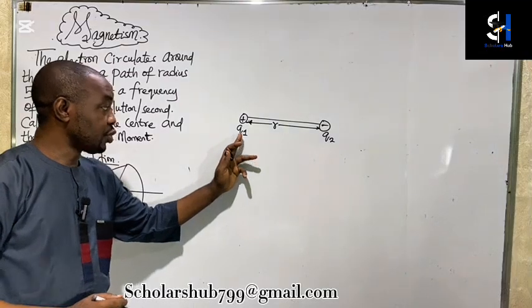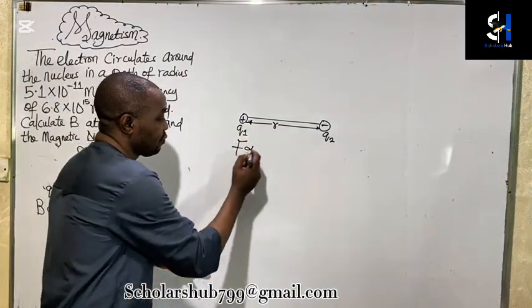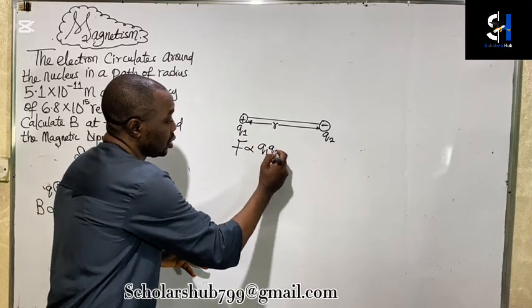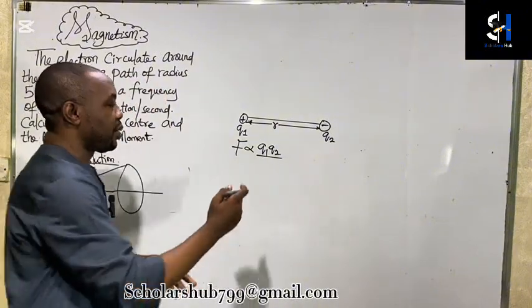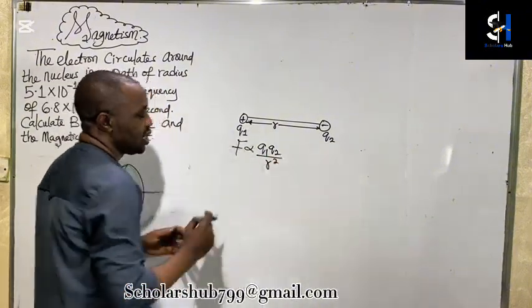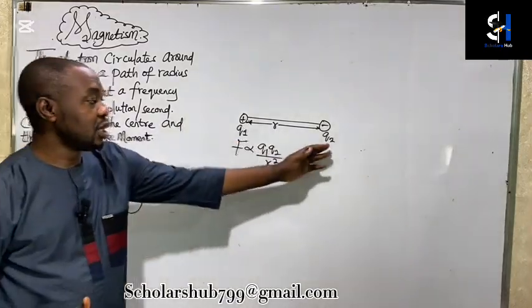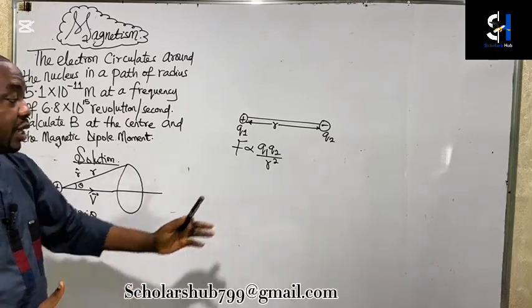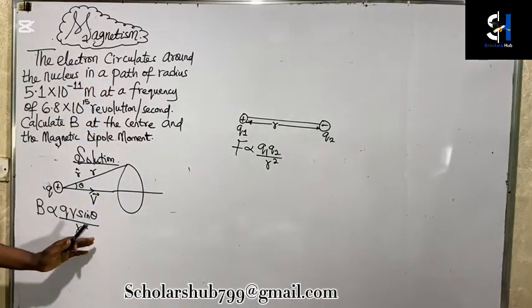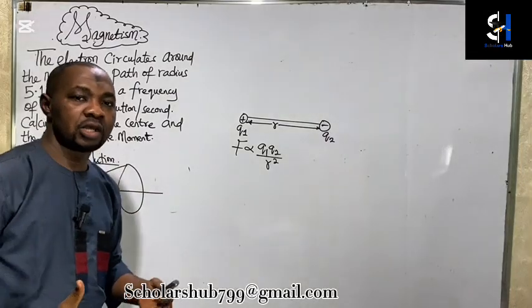The force on Q1 due to Q2 is F proportional to Q1 multiplied by Q2, inversely proportional to the square of the distance of separation between the two charges. This is given by Coulomb's law. In this case, we have what we call the Biot-Savart law.